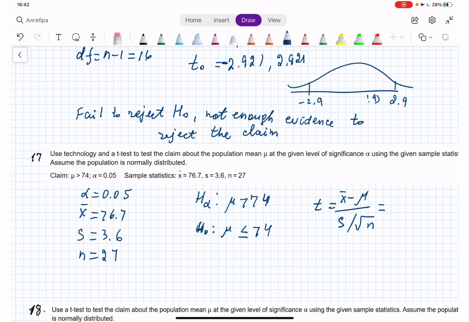So X bar is 76.7 minus mu is 74, divided by S is 3.6 and divided by the square root of 27. Let's start with the square root of 27. How much is it? 5.2. Then 3.6 divided by 5.2.